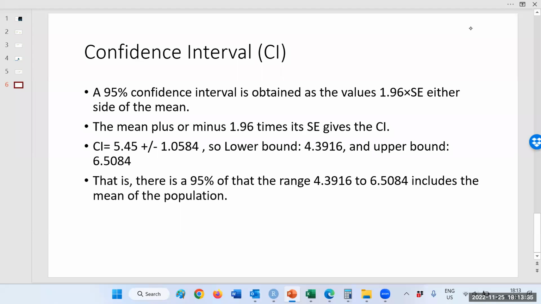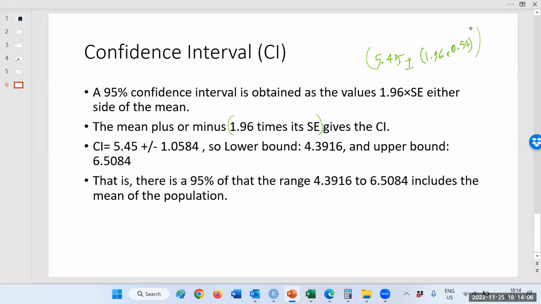Basically, you need to calculate the mean, as I have already done. That's 5.45. And then plus minus this value to get the standard error of the mean. So 5.45 plus minus 1.96 times the standard error, which was 0.54.